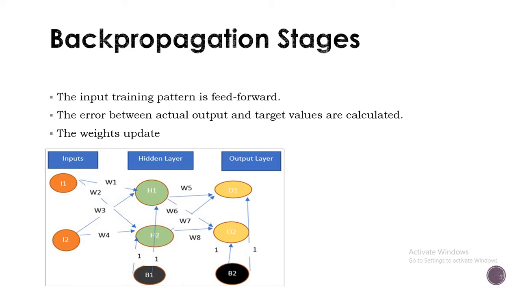The input layer gives inputs with the weights W1, W2, W3 and W4, and the activation functions are performed in the hidden layer, and the net result goes to the output layer with the weights W5, W6, W7 and W8.